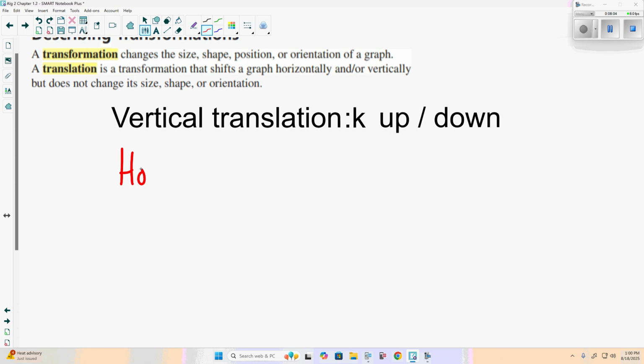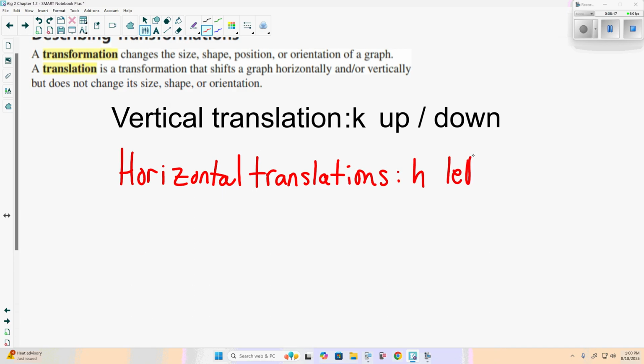Horizontal. Horizontal translation is going to be our H. It's going to move it to the left or to the right. H moves it left or right.